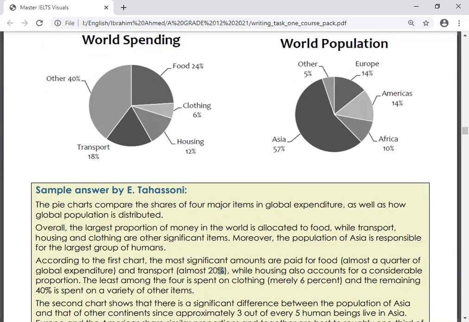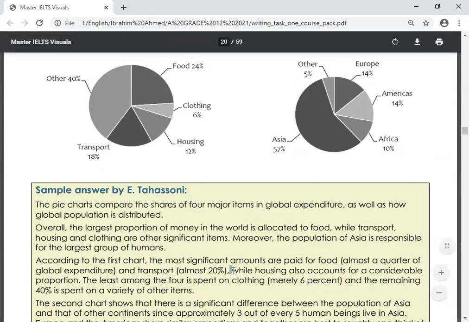While housing, for comparison, also a very important word to use, while housing also accounts for a considerable proportion, a considerable part, because housing is represented by 12%.